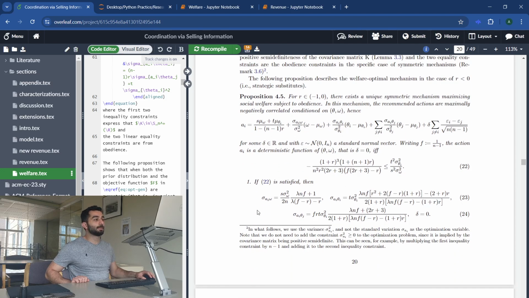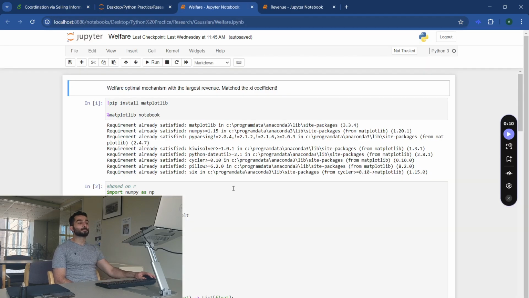And we know that sigma I omega over S sigma omega square is lambda NF plus 1 over 2 and lambda F minus R. Sigma I theta I over T sigma theta I squared is lambda NF, that big ratio. So, the welfare optimal mechanism with the largest revenue. Match the XI coefficient.